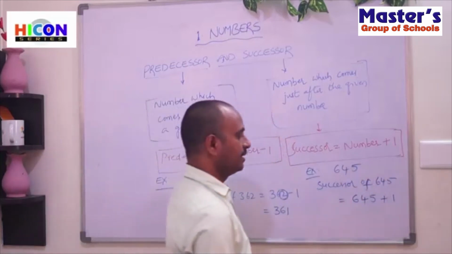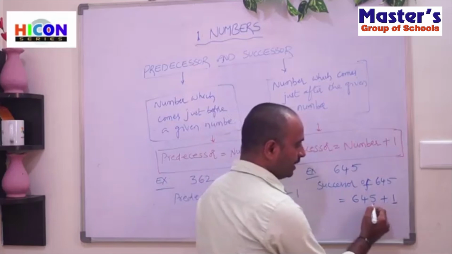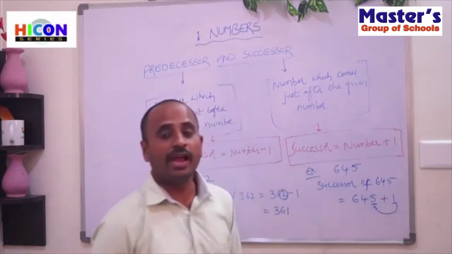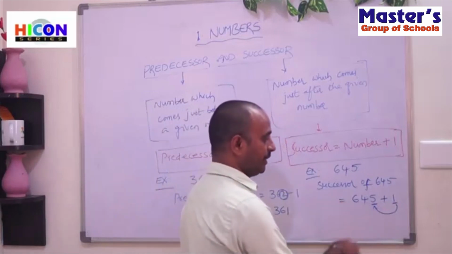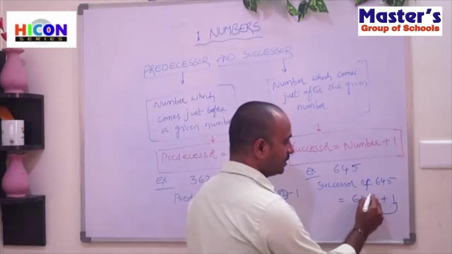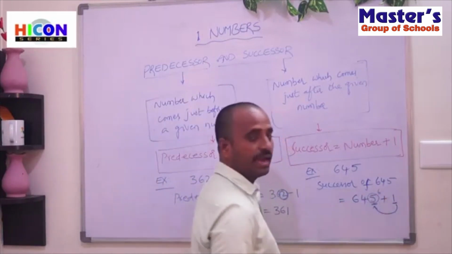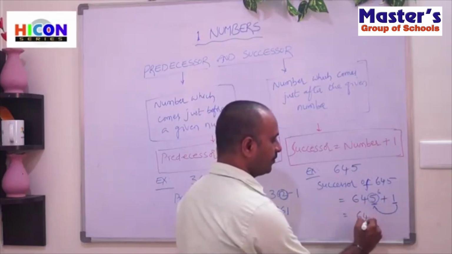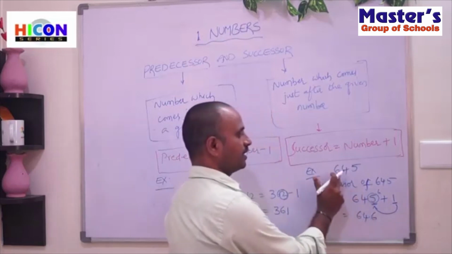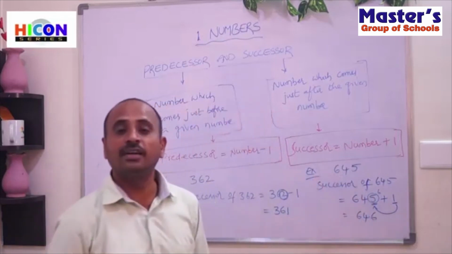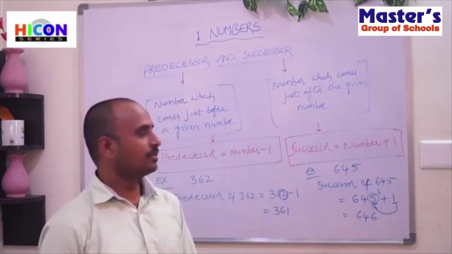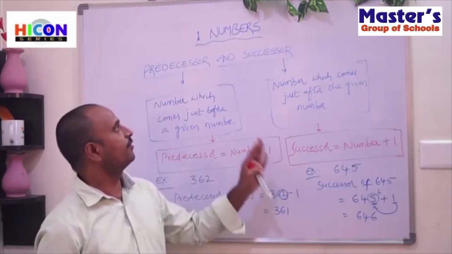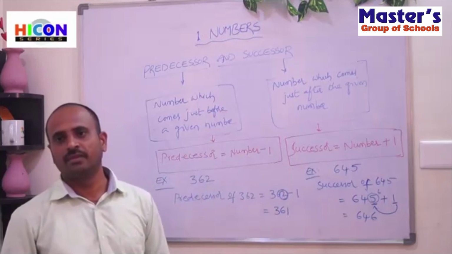That means add 1 to the digit present in the ones place, then it will become 6. Therefore, the successor of 645 is 646. So this is the way how to write the predecessor and successor for given numbers.